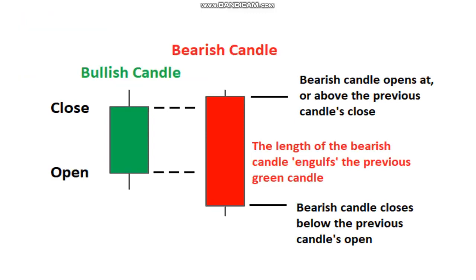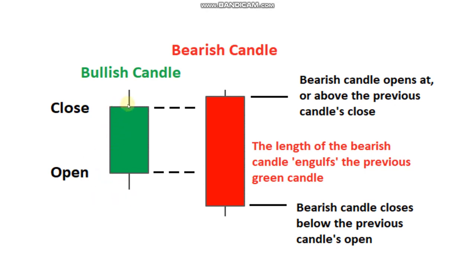So this is how a bearish reversal pattern looks like. As you can see on the screen, for a bearish reversal pattern to form, at first we need a bullish candle or a green candle dominated by buyers. So this is a bullish candle, this is the opening price, this is the closing price, a small bullish candle.